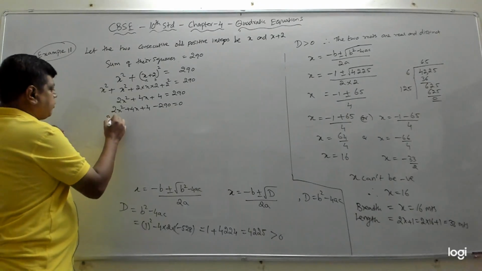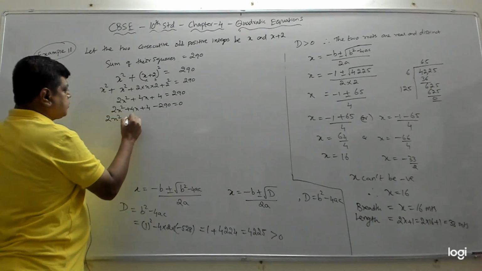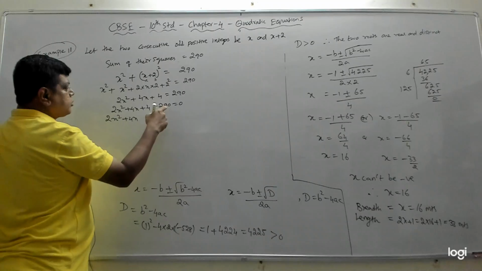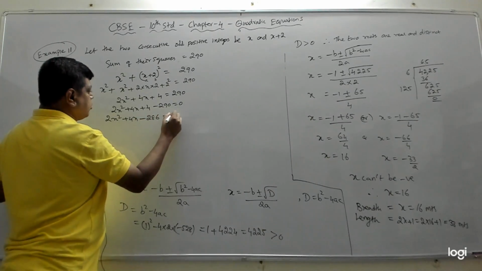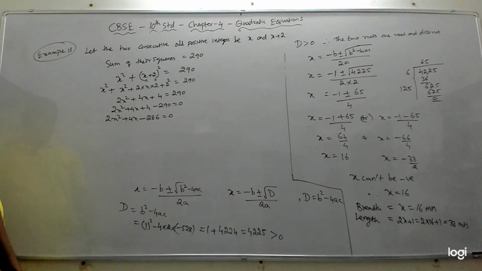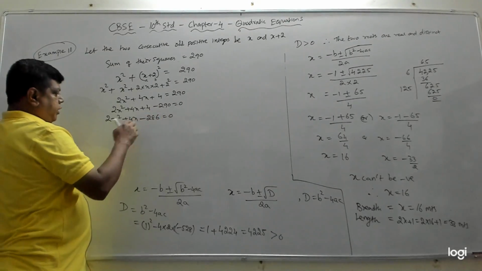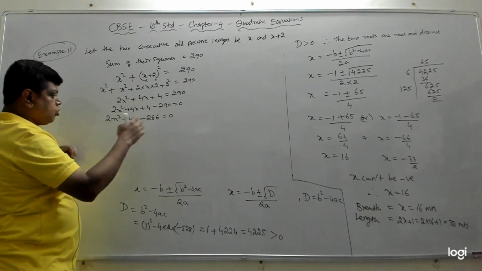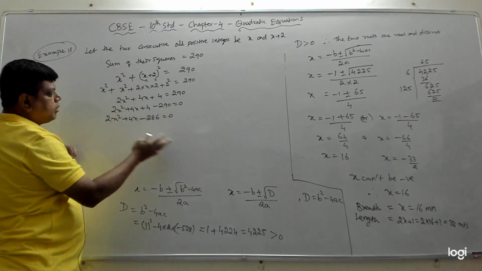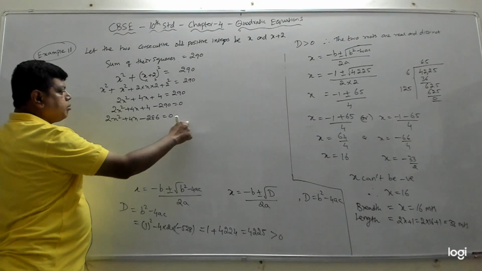So what do we have? We have 2x square plus 4x, now 4 minus 290 is minus 286, equal to 0. Right? Now 2 is present throughout, so we can cancel throughout by 2, or we can take 2 common, or we can divide throughout by 2.